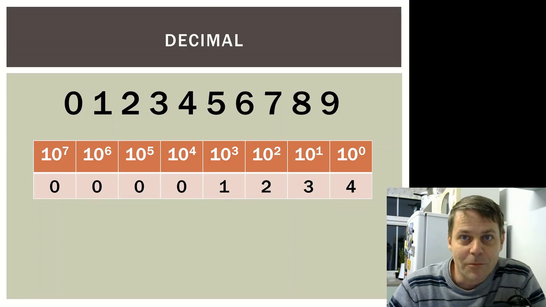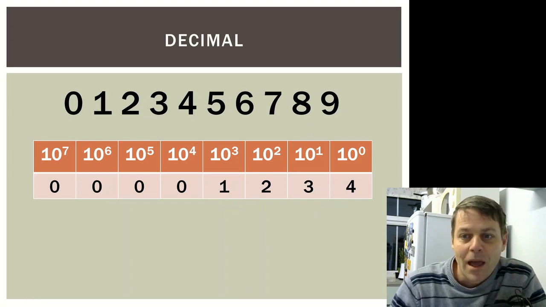When we write a number in decimal, for example this number here, 1, 2, 3, 4, it's 1234. But what it really is is a sum of 10 to the power of 0 times 4, plus 10 to the power of 1 times 3, plus 10 to the power of 2 times 2, plus 10 to the power of 3 times 1.